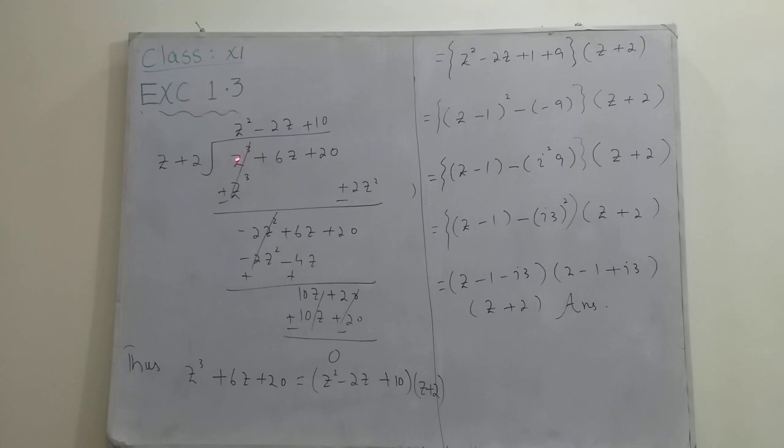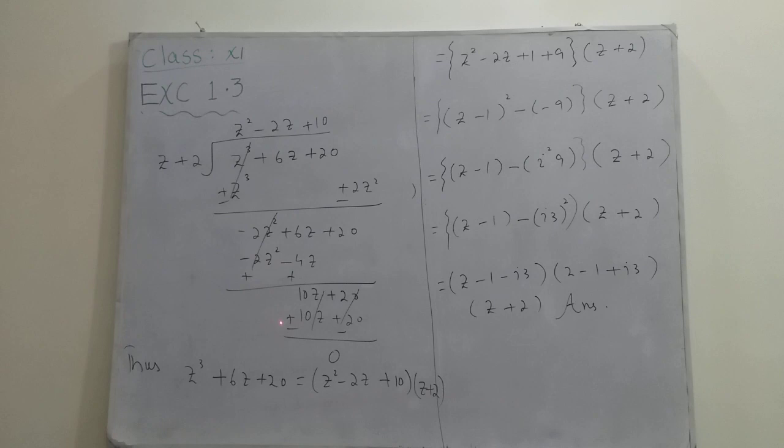Dividing z cube plus 6z plus 20, that is p of z, by z plus 2. Now first multiplying with z square, we have z cube plus 2z square. Now by changing sign it becomes minus 2z square. Now multiplying with minus 2z, we have minus 2z square minus 4z. Then we will get 10z plus 20.